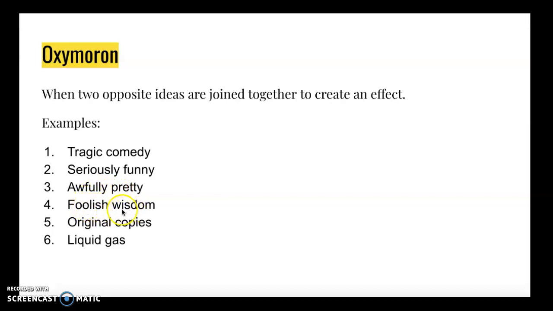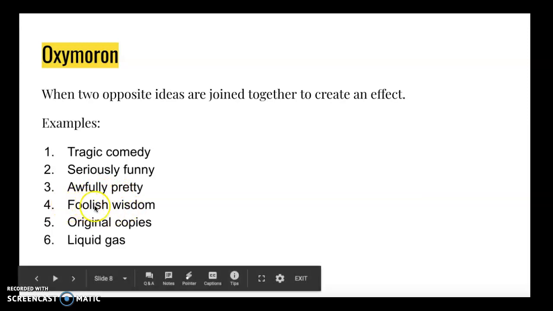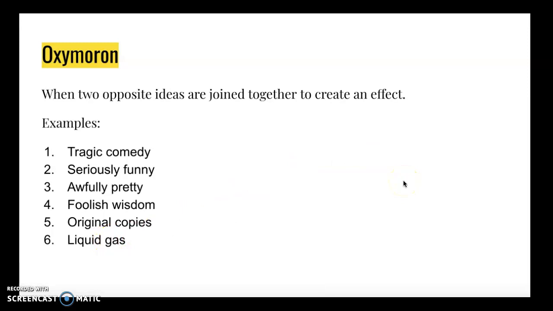Foolish wisdom. Foolish is a negative word, and wisdom is a very, very positive word, and they are being put together, thus making them an oxymoron. Original copies, these are two opposite words, and they're being put together. And liquid gas, those would be your oxymorons, guys. Okay, just two opposite things being joined together.